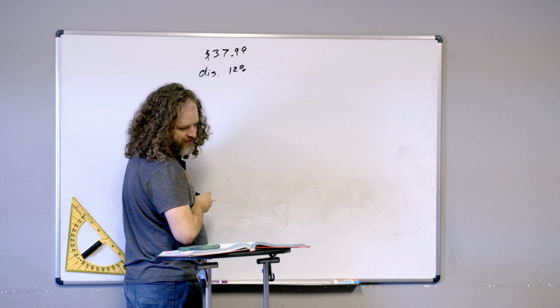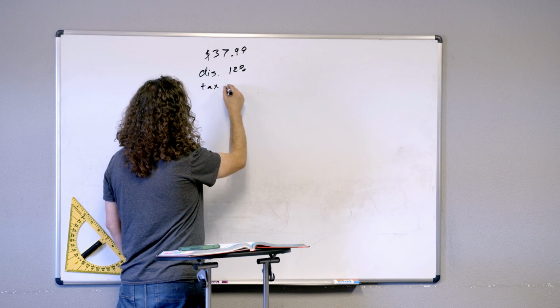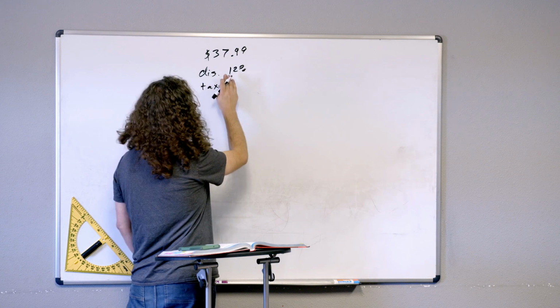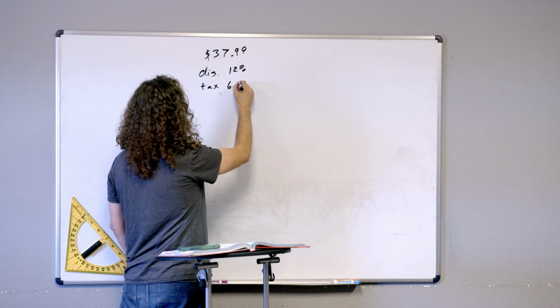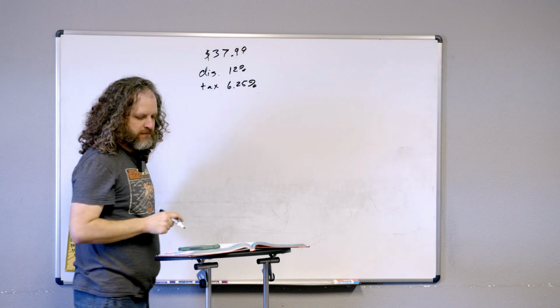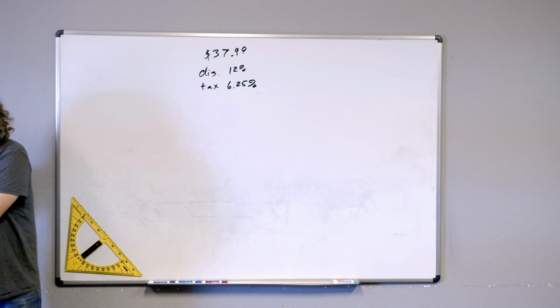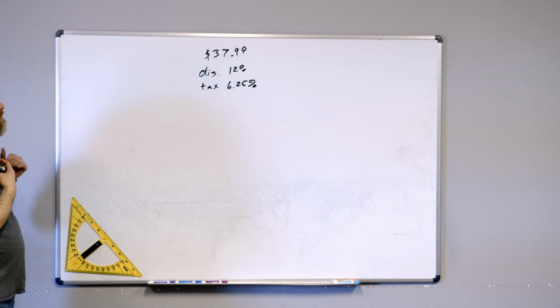And then you go to the register and it's taxed at some amount of money, 6.25%, which is less than our sales tax, but we don't have property tax because Texas is smart.